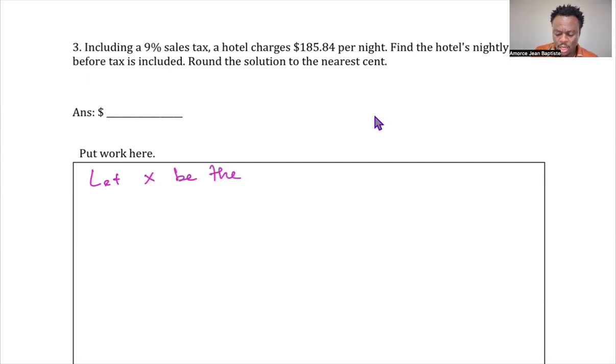Let x be the hotel's nightly rate before tax was included.